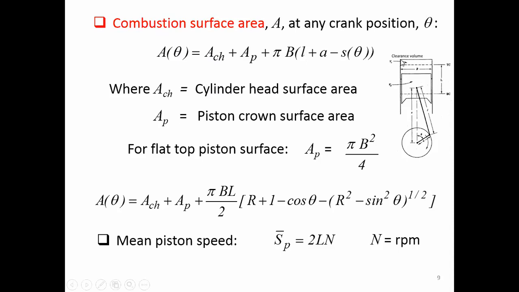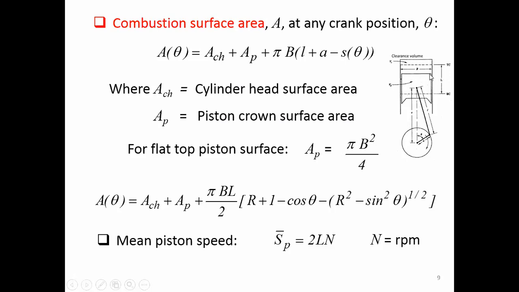So that means what? The top surface here is part of the combustion chamber, so part of the combustion surface area, right? The cylinder head surface area right here. And A_P, P stands for piston, right? So A subscript P stands for piston crown surface area, which is what?